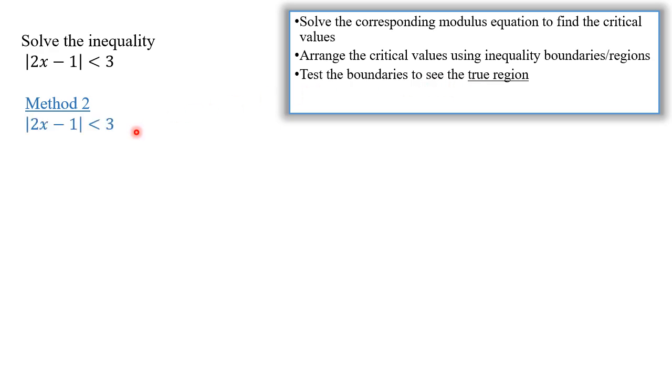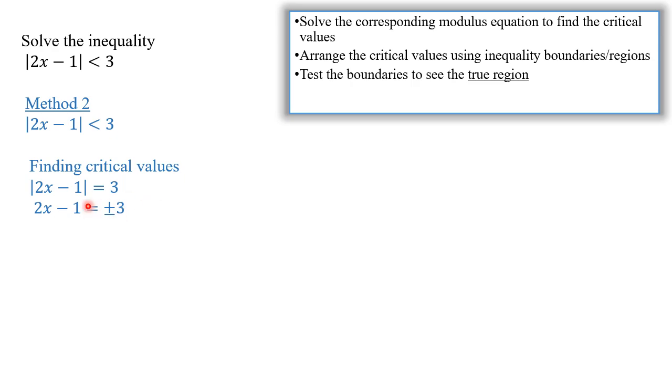Alright, so let's go here. Modulus of 2x minus 1 less than 3. So the corresponding modulus equation that we can have is modulus of 2x minus 1 is equals to 3. So we know that the absolute value of a function is equals to 3. This can be written as 2x minus 1 is equals to plus or minus 3 here.